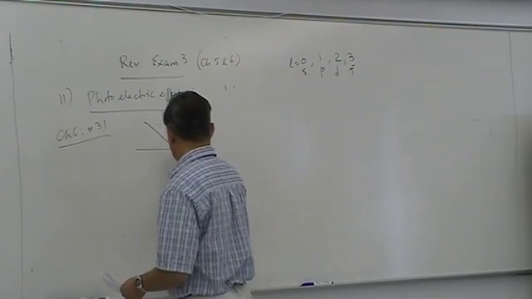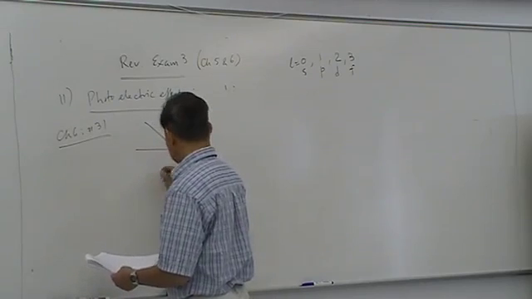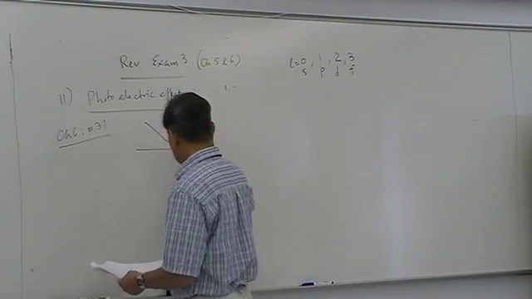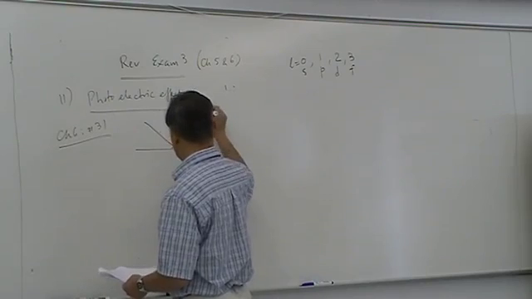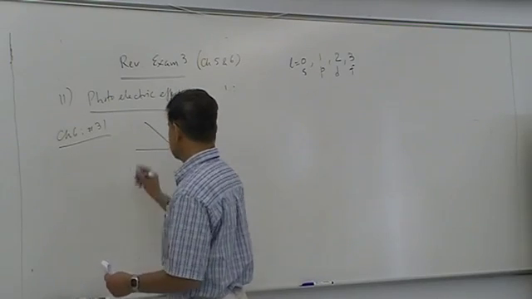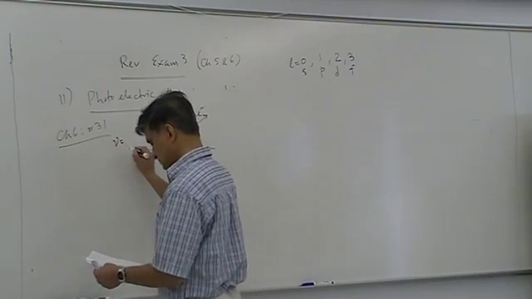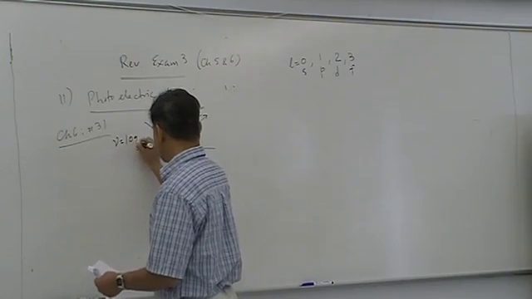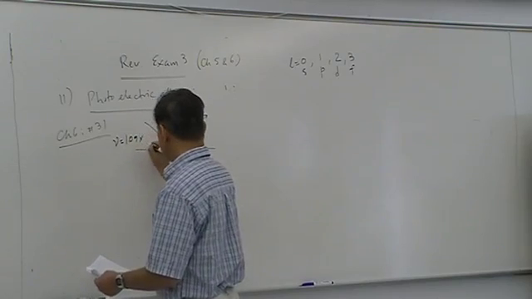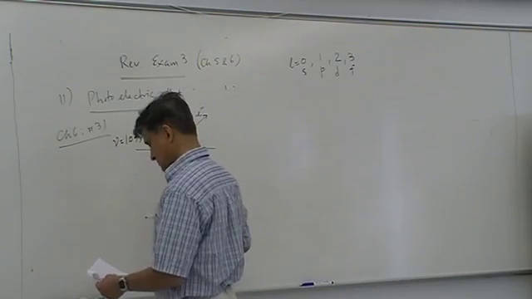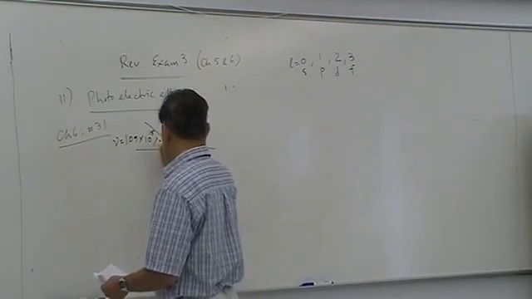Here, electron is bound, light is shining, and that's going to eject the electron. The frequency is given, 1.09 times 10 to the power 15 waves per second.